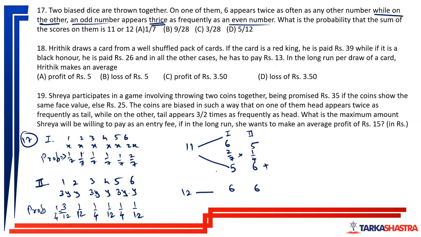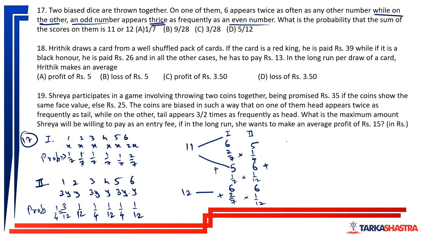Or first one is showing 5, that is 1 by 7, and second one is showing 6, that is 1 by 12. Or this one is showing how much? First one is showing 6, so that is 2 by 7, and the second one is also showing 6, which is 1 by 12.